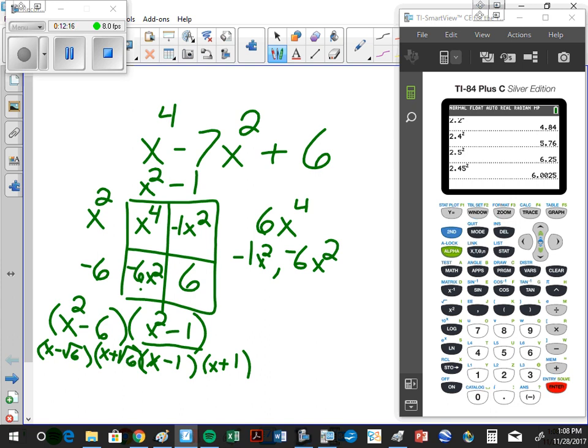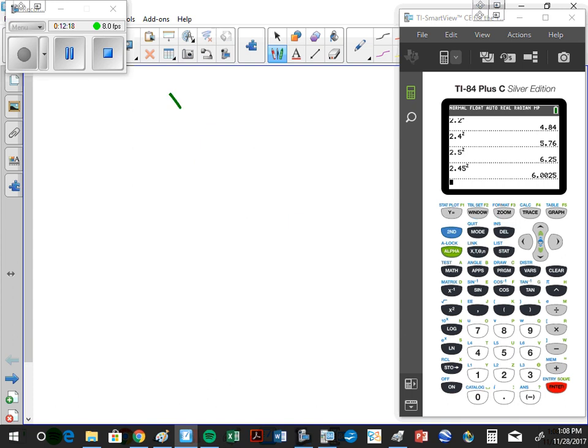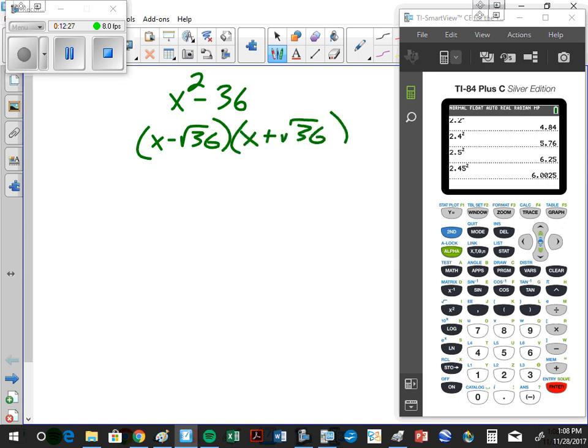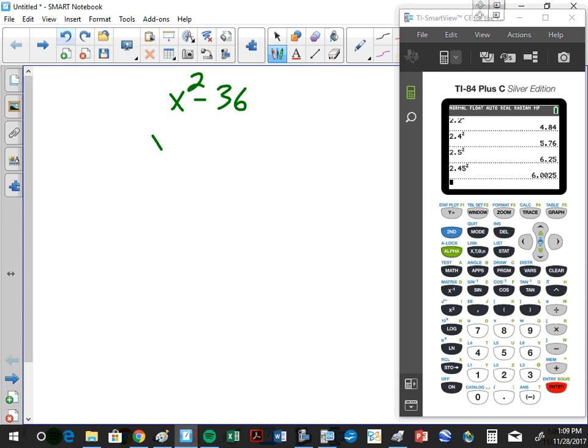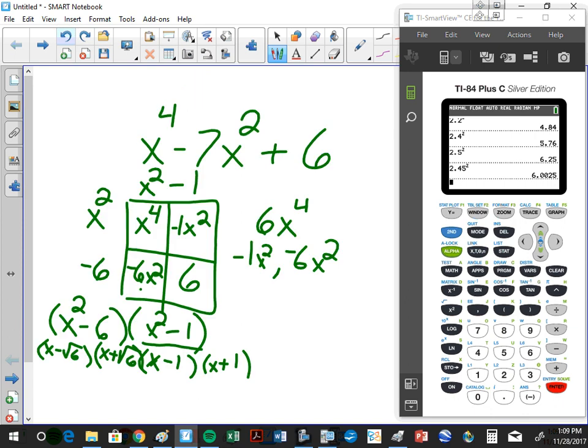Right? If I had x squared minus 36, isn't that just x minus root 36 times x plus root 36? But in that case, the square root of 36 is actually 6. So, going back to this problem, what are the roots?